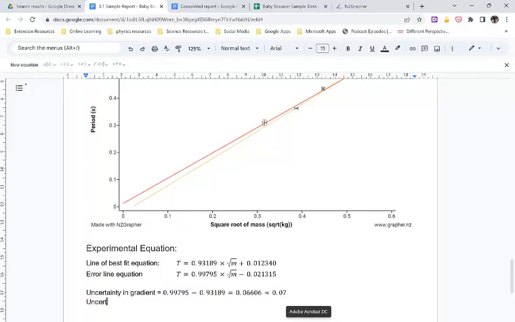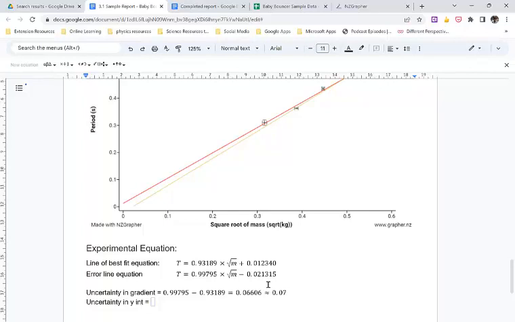Then we go uncertainty in y-intercept is equal to, and now again, we add an equation. We take the bigger one minus the smaller one. Note that the bigger one is this top one because it's plus. This one is negative, so we're going to just choose the bigger one minus the smaller one. If you do them the wrong way around, you'll still get the right answer. It'll just be negative.